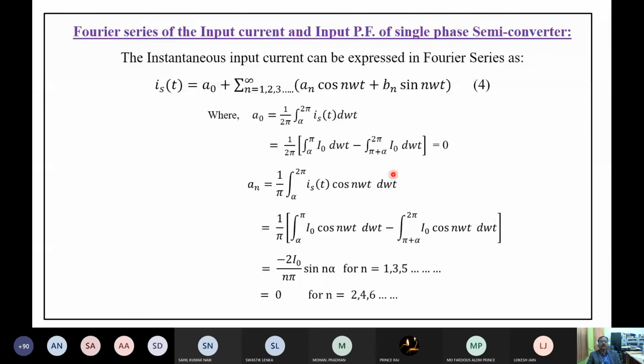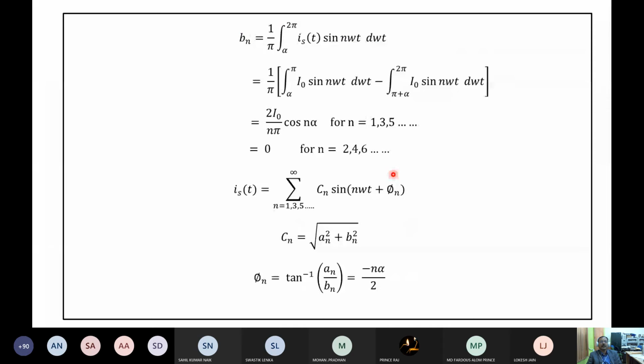And similarly, Bn is equal to I naught by n pi times cosine alpha. So here phi n is equal to tan inverse of An by Bn, which is minus n alpha by 2.